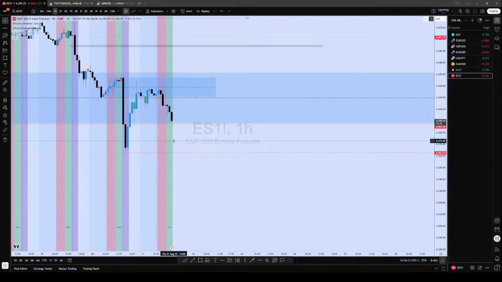So if anything, you're looking for a run below previous day low, and then after that, I don't know what's going to happen. Are they going to reject and go back up, or are they going to stay below? I have no idea. So I'll wait till it does it, and then I'll see what I can do with the data that will be provided.